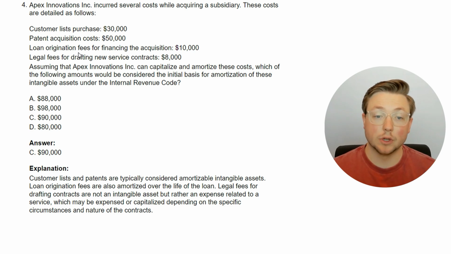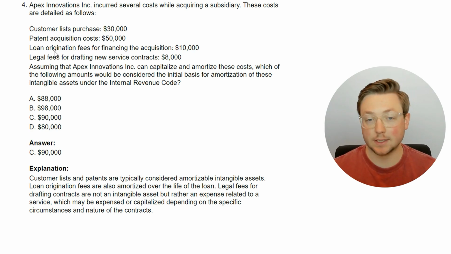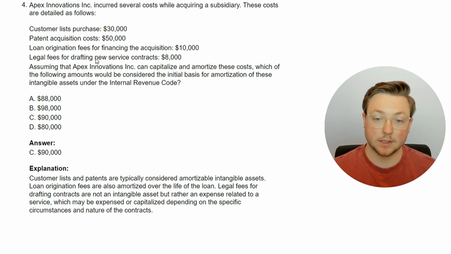So, as a general rule, loan origination fees are an intangible asset that will be amortized. So that's why we're including them here as part of the total basis. Now, they may have a different life than 15 years. It doesn't specify that here. So again, the basis that we're assuming is $90,000. All right, let's go to the next question.